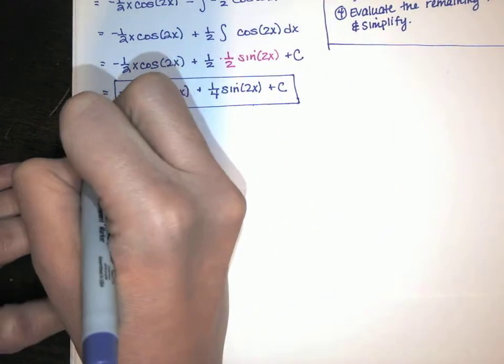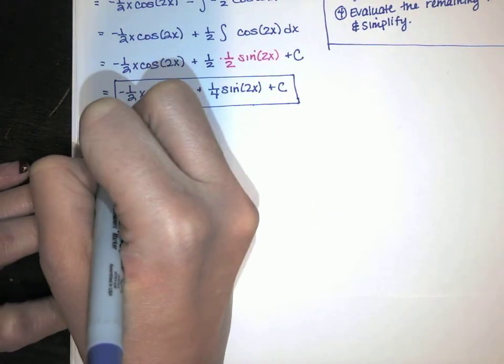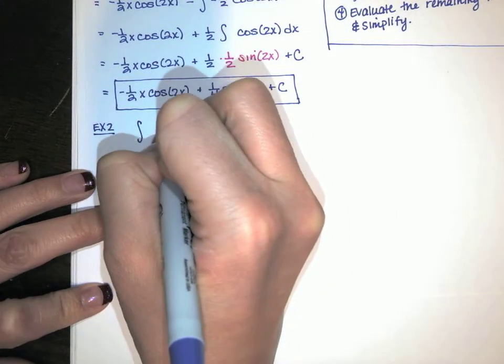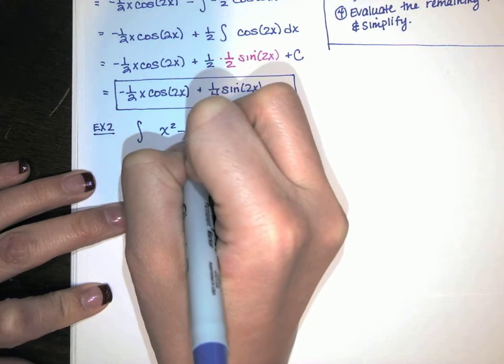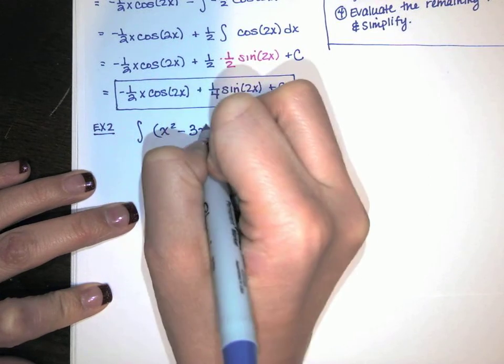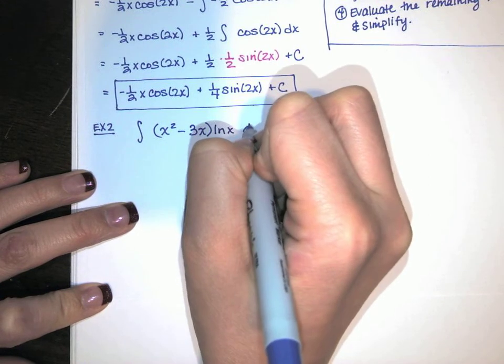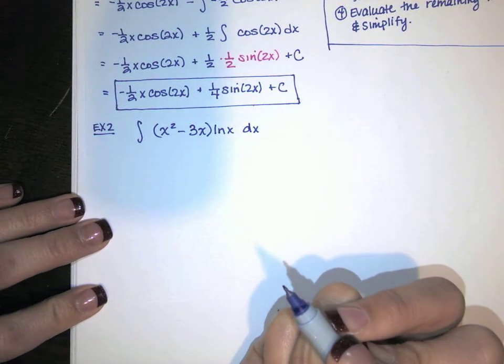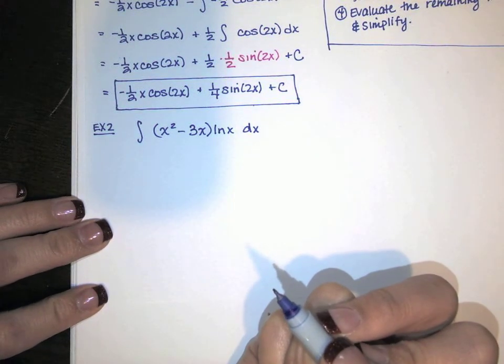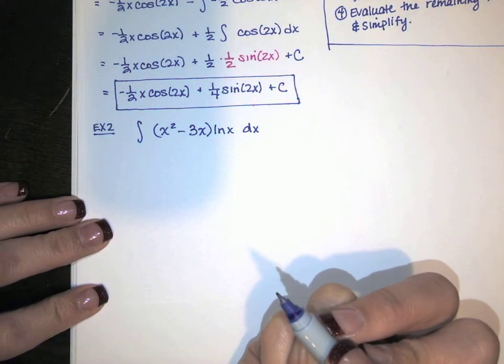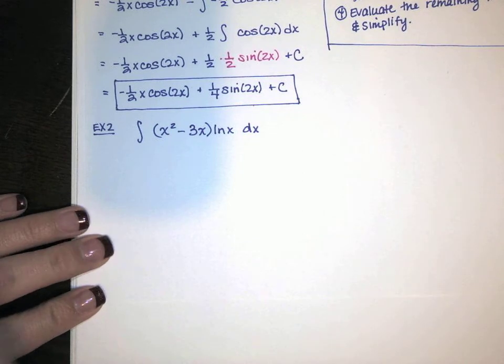Here's another example. First, I don't have a rule for that because it's a product. U sub is not going to work, so I'm going to go to integration by parts.